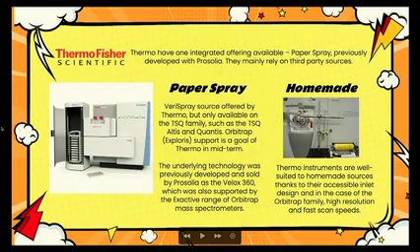I had to double check because with the VeriSpray there's not many publications. There's only 50 or 60 publications out there using the VeriSpray. So I contacted a friend at Thermo to ask, is it still on the market? And he's like, yes, it's still available for sale.